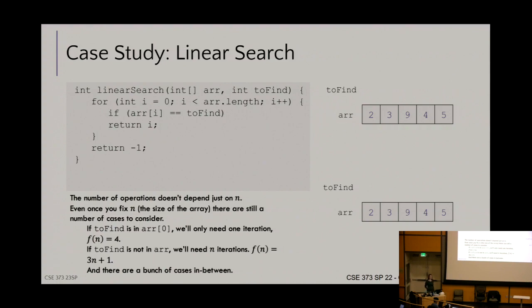So we're going to start here with an example. Let's say we are writing the code for linear search. Linear search is the algorithm where, let's say I have an array list of a bunch of values, and I asked you to find a specific value. Let's say I asked you to find the value 2. Well, what I would do is I would start at index 0, and I would say, hey, are you the value I'm looking for?